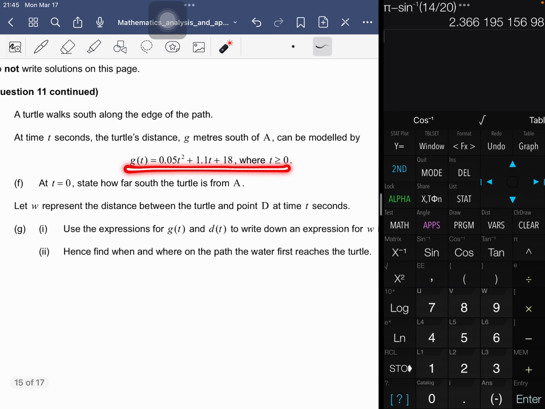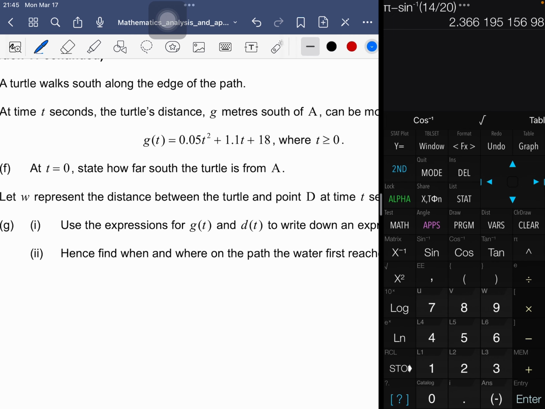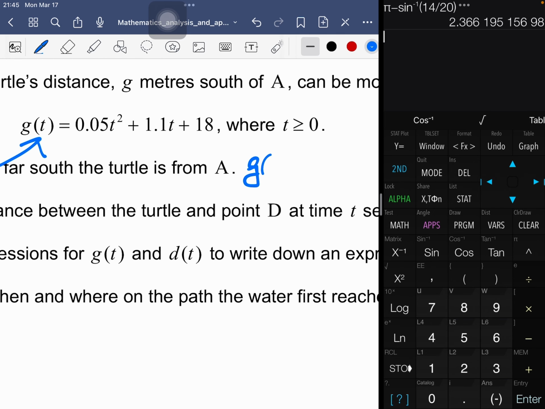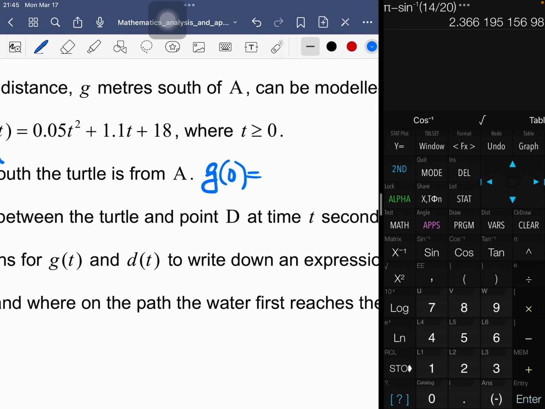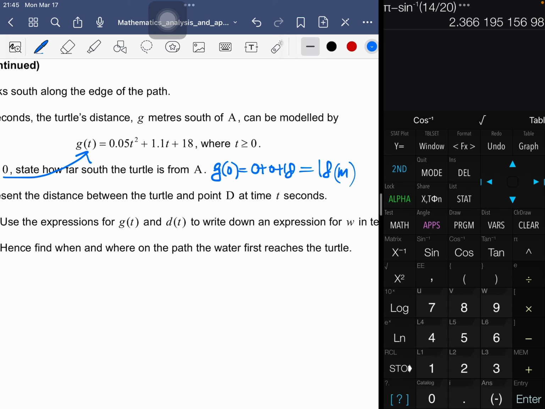At t equals 0, state how far the turtle is from A. So t is 0 seconds. Inputting 0 into g of 0, it becomes 0 plus 18. So it's 18 meters south from A.